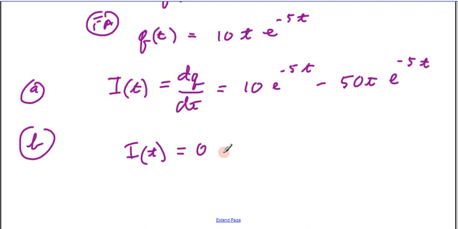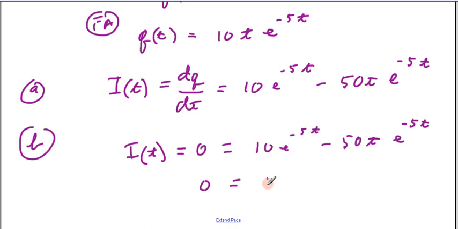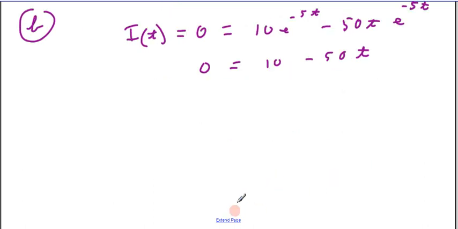So current is 0 when 10 e to the minus 5t minus 50t e to the minus 5t equals 0. Okay, so we're going to divide by e to the minus 5t: 0 is equal to 10 minus 50t.